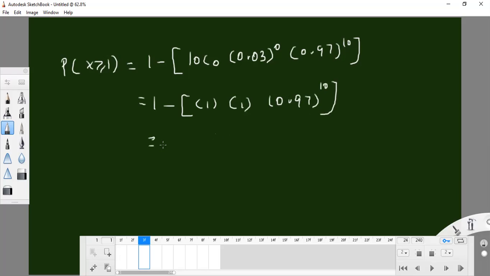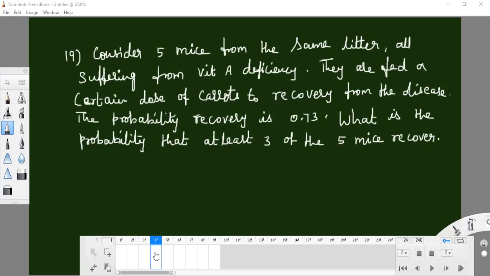You can do it by calculator. You get the value 0.7374. You subtract the value and get 0.2626. That is the probability of x greater than or equal to 1. The probability that at least one person will have a side effect is 0.2626. Now you move on to the 19th sum.